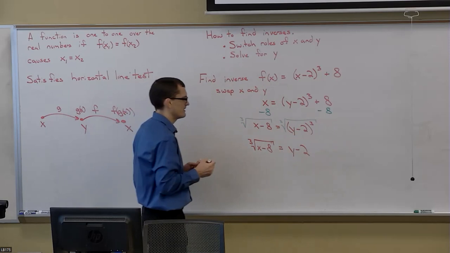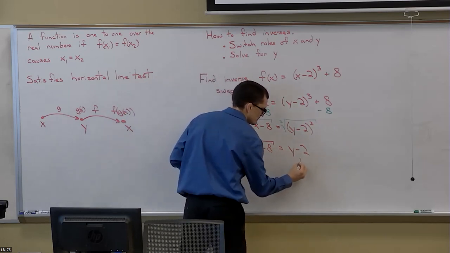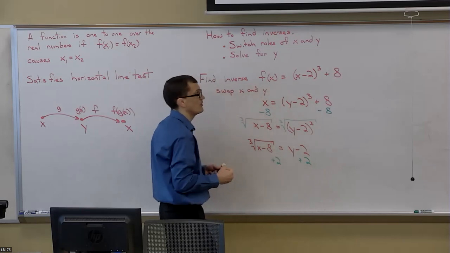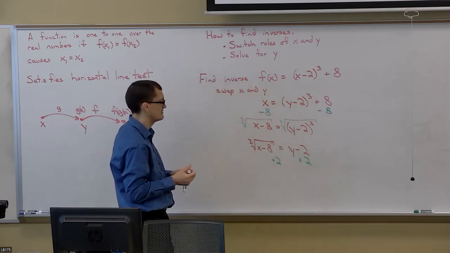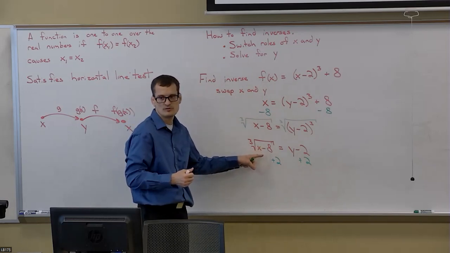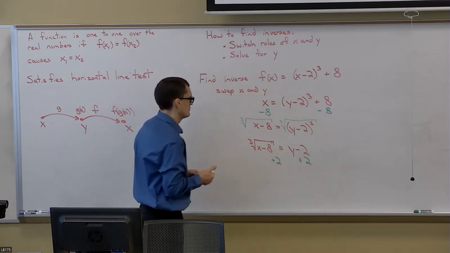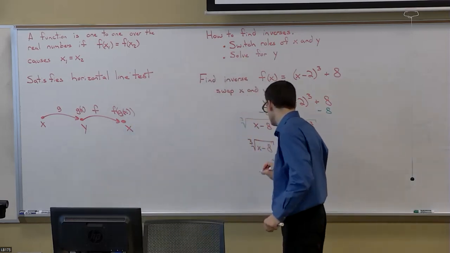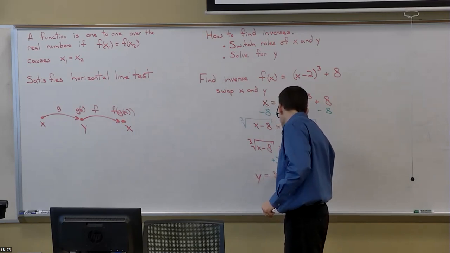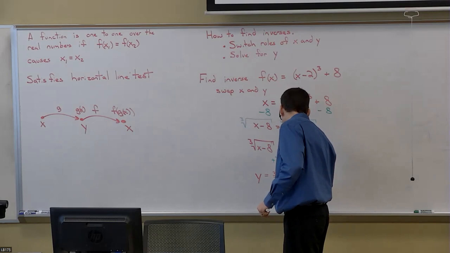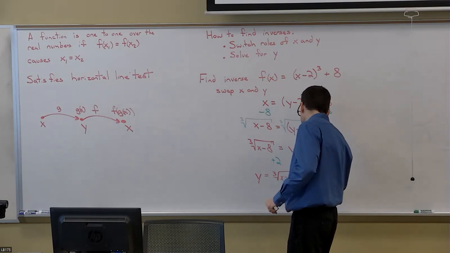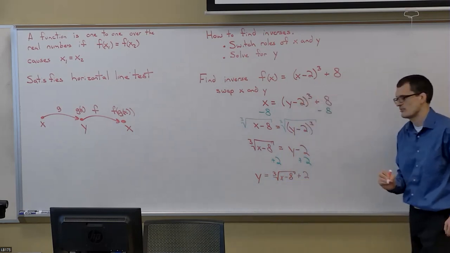When I add 2 to both sides, now be careful, don't add the 2 inside of the root, you gotta add the 2 on the outside. So you get, I'm gonna switch the order, y equals cube root, and inside the cube root is an x minus 8. And outside that cube root is a plus 2.